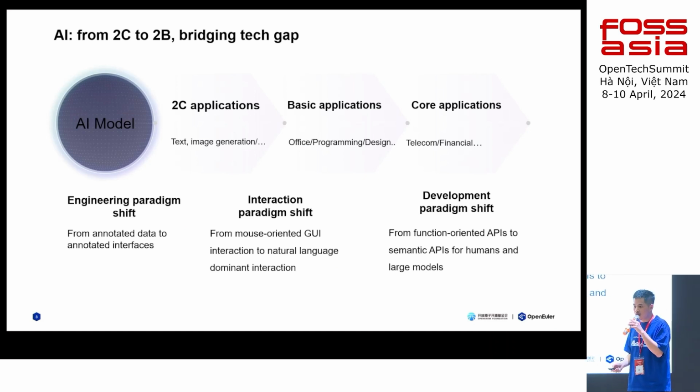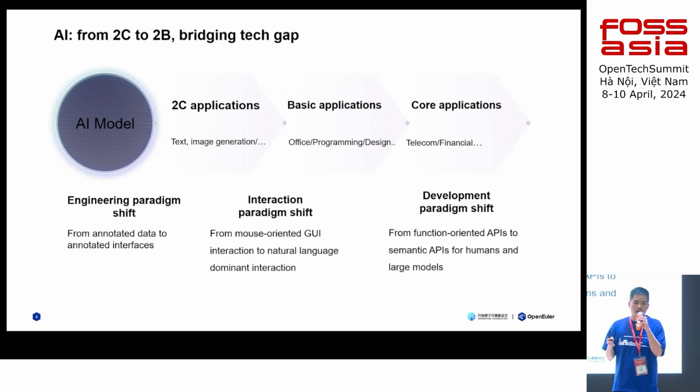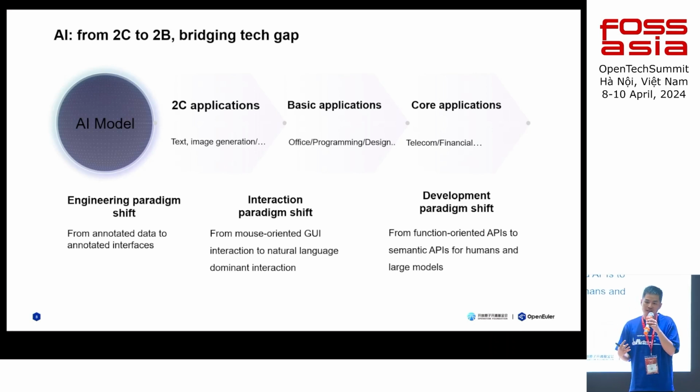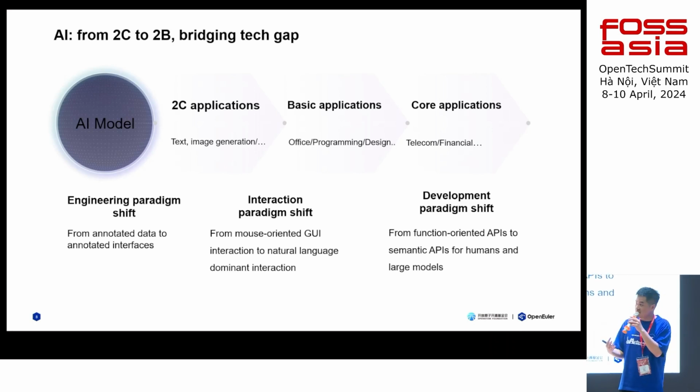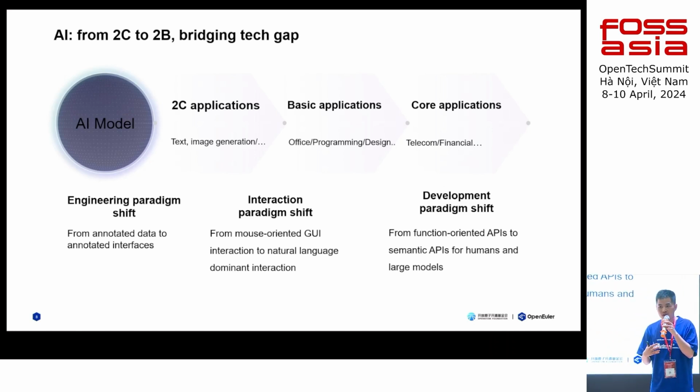Okay. Our EulerCopilot is not just a Q&A service here. We also want to help our business partners bridge the tech gap from 2C to 2B, because our partners all have their own business. So maybe the demands of customers and business companies are different here.